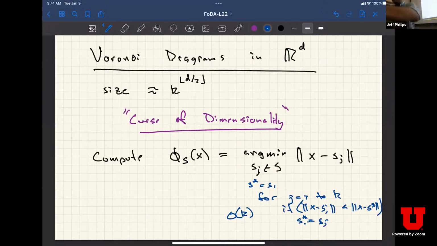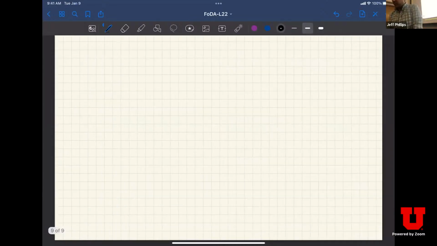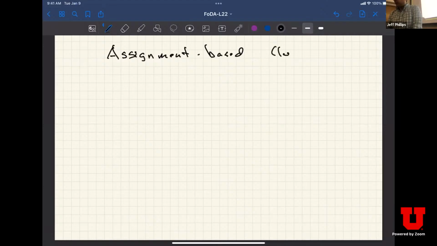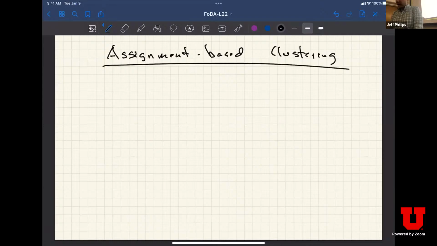Okay, let me just write up one more thing here. In general, we're looking at assignment-based clustering.